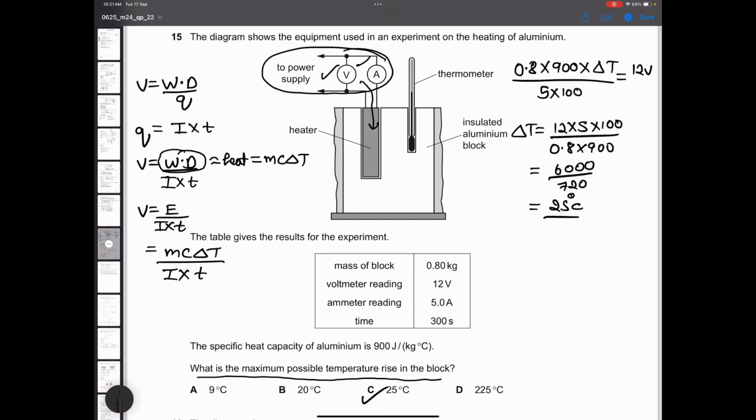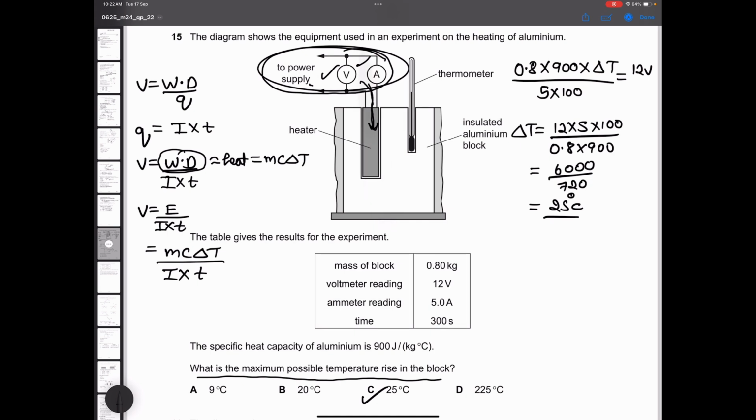Now in case you did not understand it, I'll explain the question again. Let me use the pen. So see, the question is saying you have a power supply and the power supply is connected to the heater. So the energy that the power supply is delivering to the heater, as a result of that, temperature is being changed.